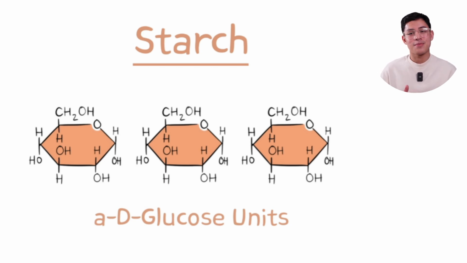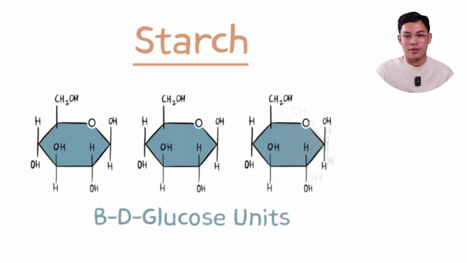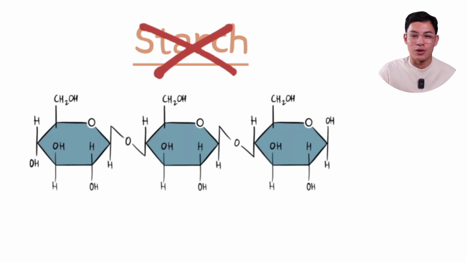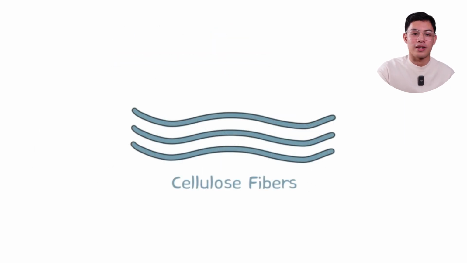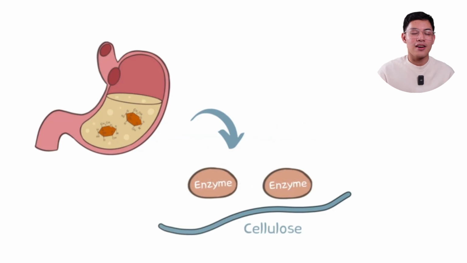But what if, for example, we didn't eat starch? What if we accidentally ate something with beta-D-glucose units? Something that wasn't starch, but instead was cellulose. This is significant because cellulose fibers, when eaten, cannot actually be broken down into smaller monomeric units.